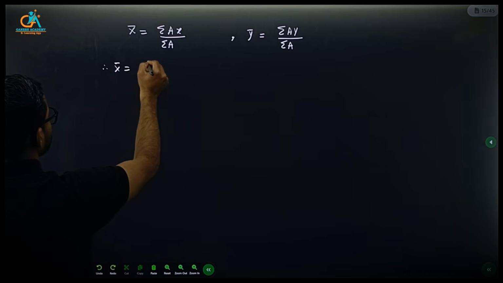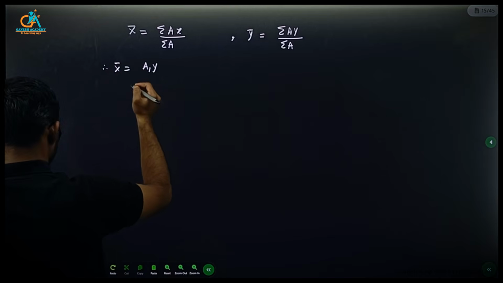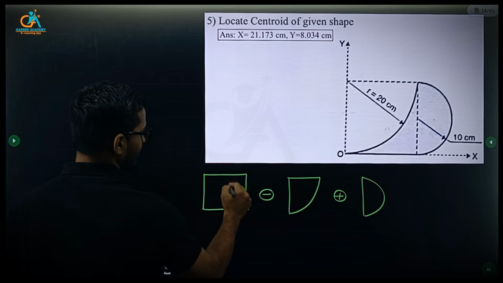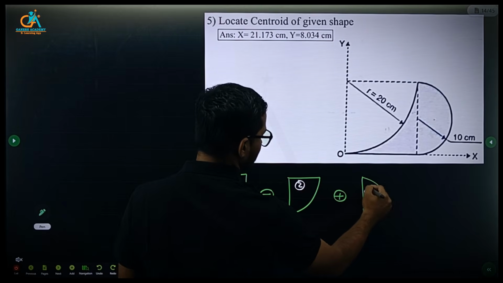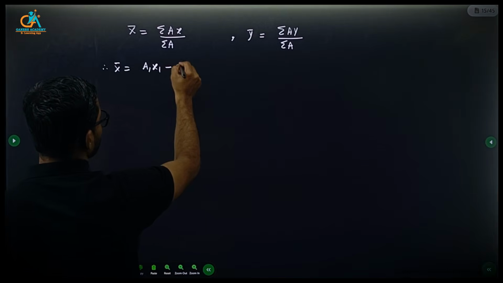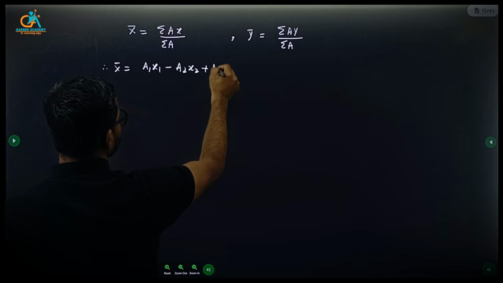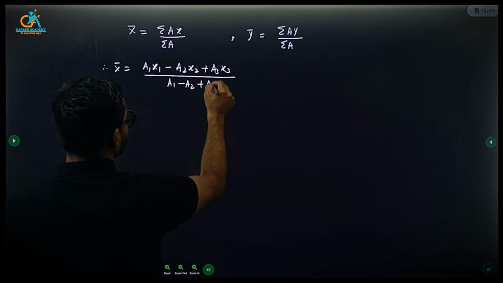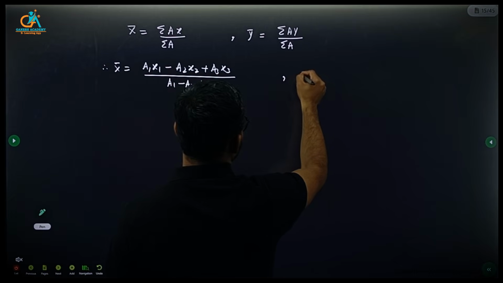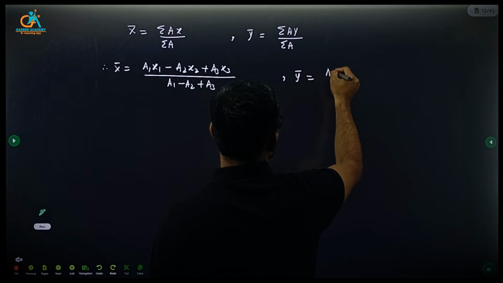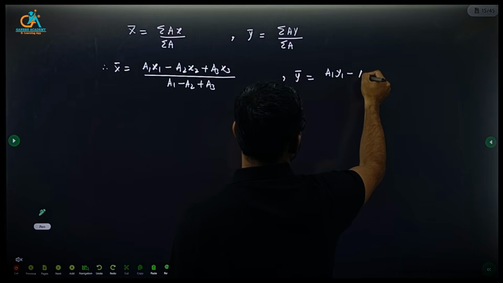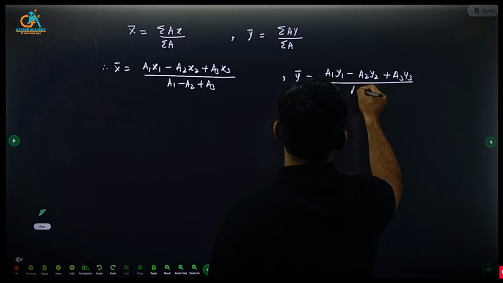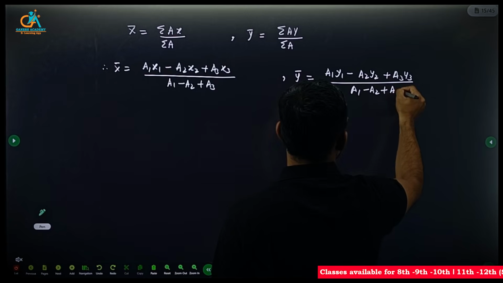So what we can write is x bar is a1 x1 minus, because the second figure we are subtracting (this is first, second and third figure), that means a2 x2 plus a3 x3, whole divided by a1 minus a2 plus a3, and similarly y bar is a1 y1 minus a2 y2 plus a3 y3, whole divided by a1 minus a2 plus a3.